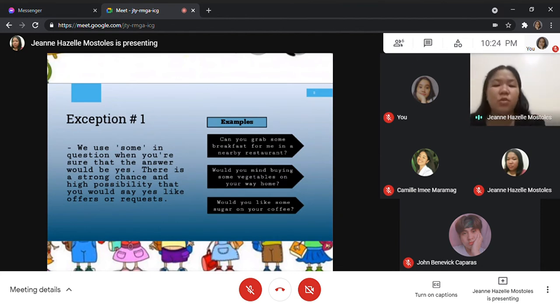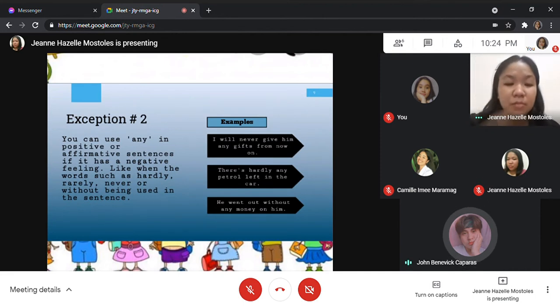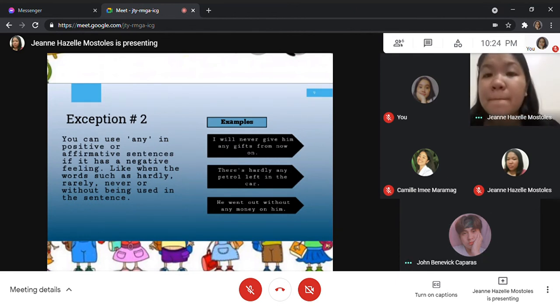For the next exception, can you please read it, Benedict? Exception number two. You can use the word any in positive or affirmative sentences if it has a negative feeling, like when words such as hardly, rarely, never, or without are used in a sentence. Examples: I will never give him any gifts from now on. There's hardly any petrol left in my car.